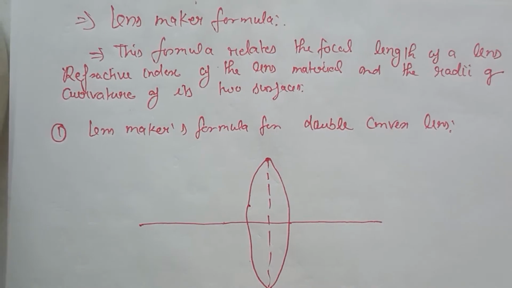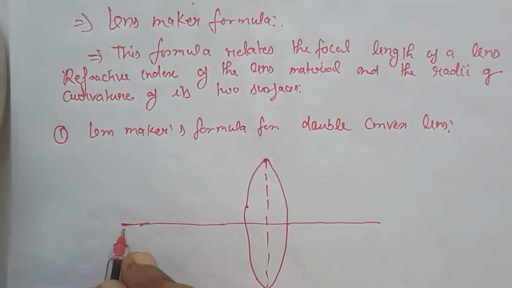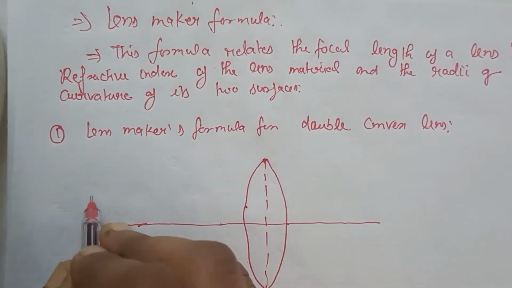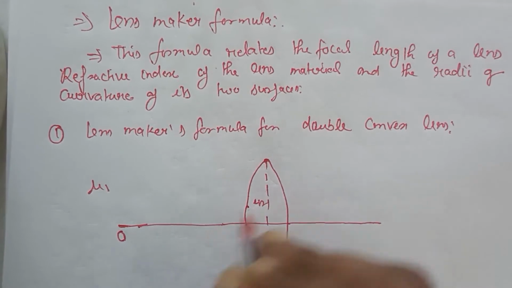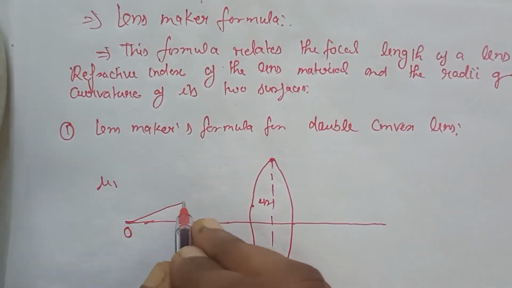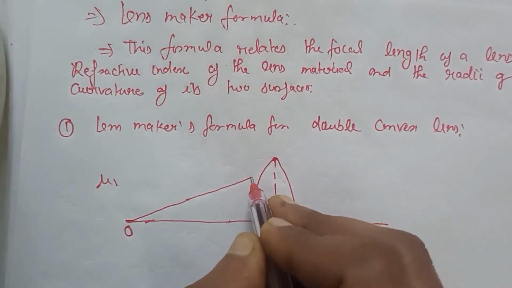double convex surface. Suppose an object is placed at point O in medium 1. This is considered as medium 2. A ray is going for a refraction at a point inside a lens.